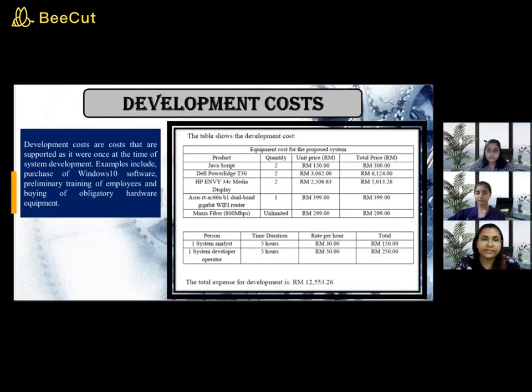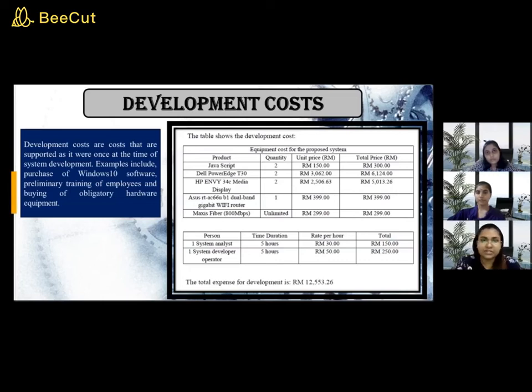The quantity for the SSR3 AC66UB1 dual band gigabit Wi-Fi router is 1 and the unit price is 399 ringgit and the total price is 399 ringgit. The quantity for the Maxis Fiber 800 Mbps is unlimited and the unit price is 299 ringgit and the total price is 299 ringgit.